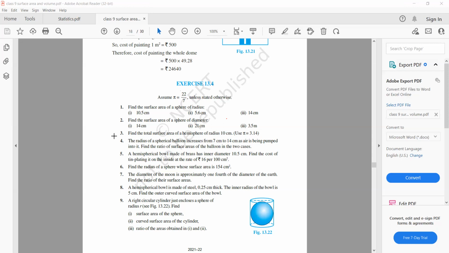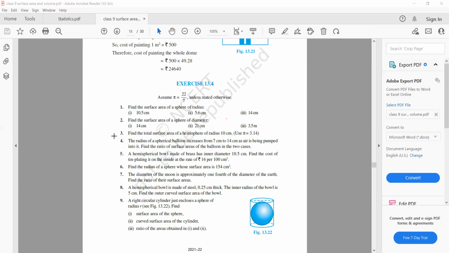Okay, so see, 14 is a multiple of 7, right? So instead of first multiplying 7 into 7, you can write it like this, 7 into 7 centimeter square divided by 14 into 14 centimeter square. So centimeter square and centimeter square will get cancelled.